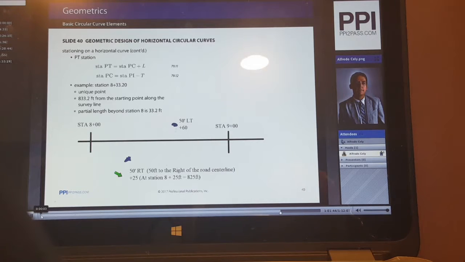You may get a problem in the exam where this nomenclature is shown or something similar, and you're asked to calculate the distance between these two points or something like that, where you need to use geometry, right? This is a horizontal line and the distances are measured perpendicular from your center line.